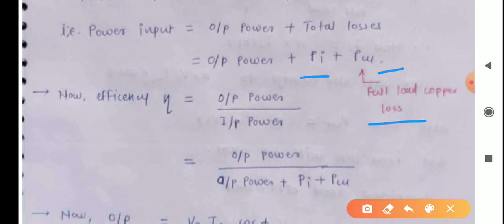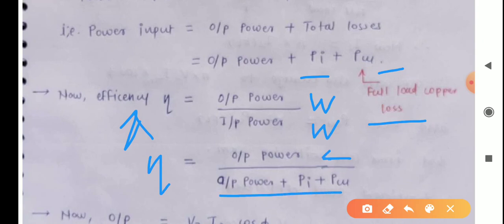Now efficiency of any instrument is the ratio of output power to input power, both measured in watts. That's why our efficiency will be a unitless quantity. So we can rewrite this efficiency expression as eta is equal to output power divided by output power plus iron loss plus copper loss.